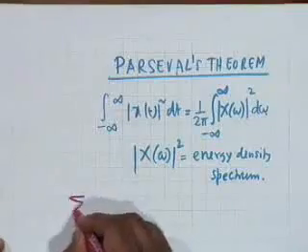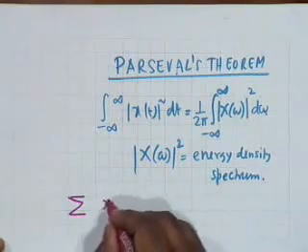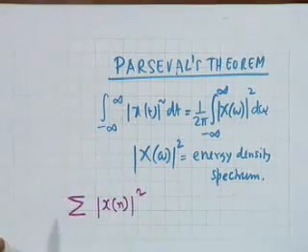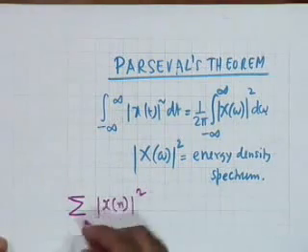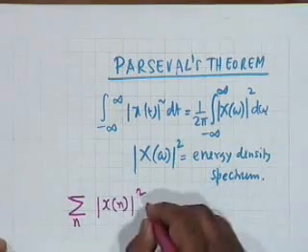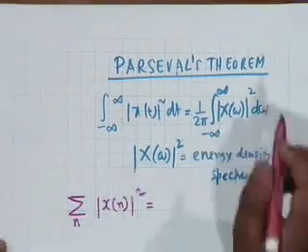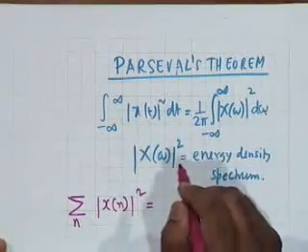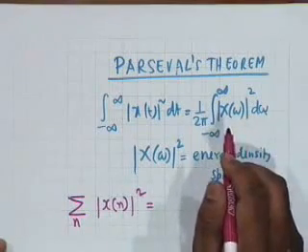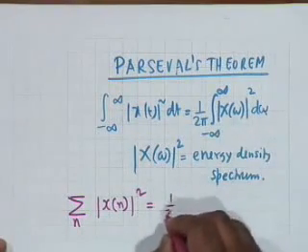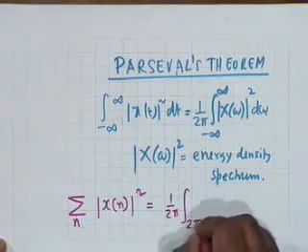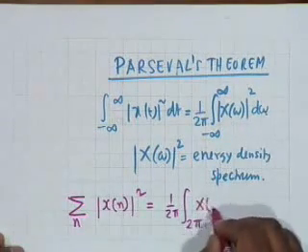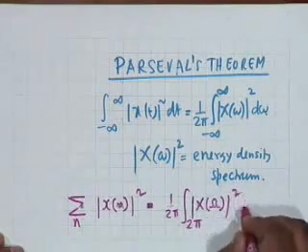Instead of an integration, we shall have a summation, and obviously this shall be |x[n]|^2 over all values of n, and this should be equal to, now the integration cannot be from minus infinity to plus infinity, because capital X of omega is periodic, and therefore it is 1 over 2 pi times the integral over one period of |X(omega)|^2 d omega.